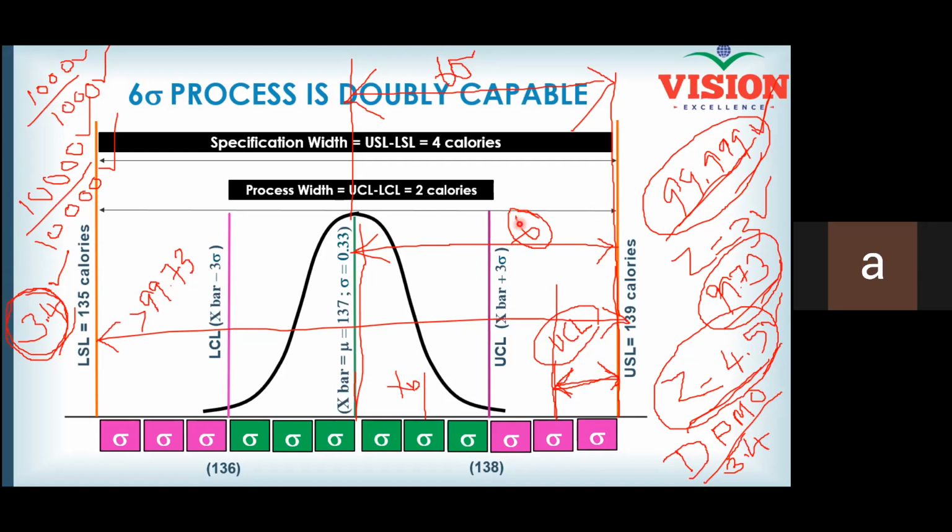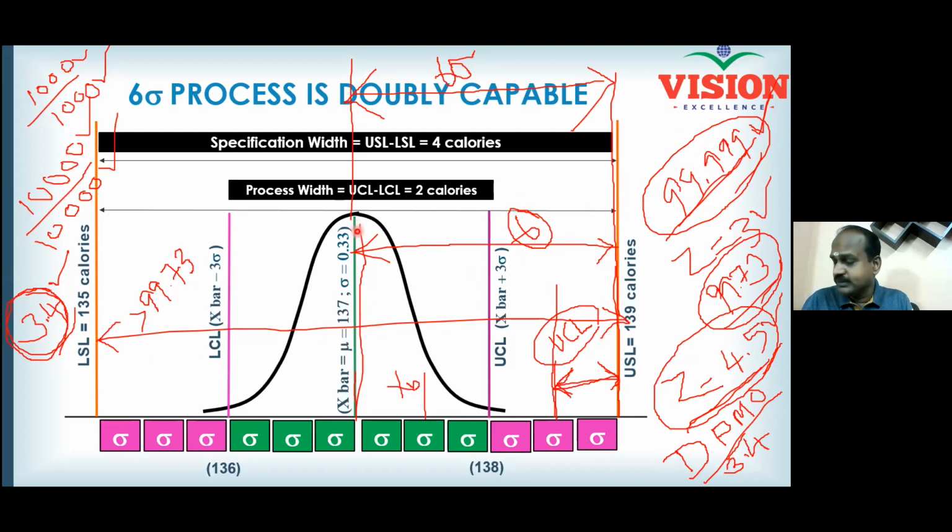And now what happened? By reducing the sigma, your control limit is pushed further inside towards the center, right? And if you push the control limit towards the center, what will happen? More points will appear around the center. As a result, your curve will become taller in the center.